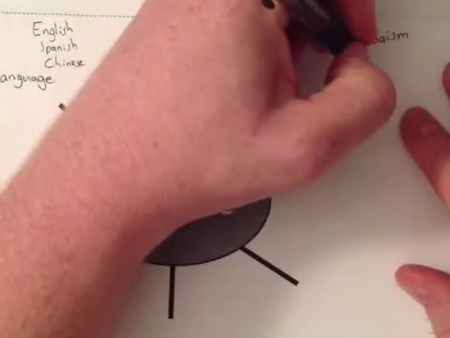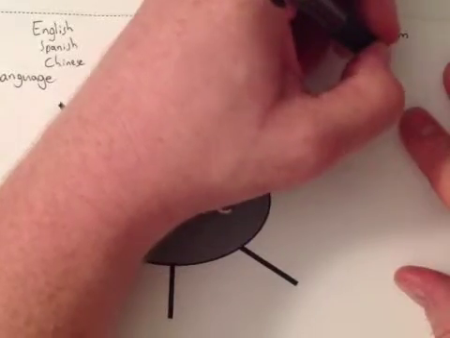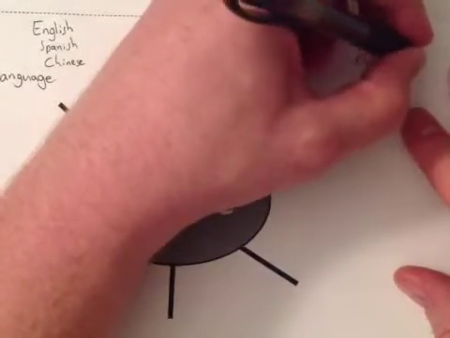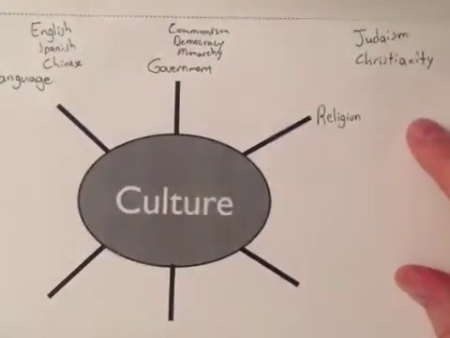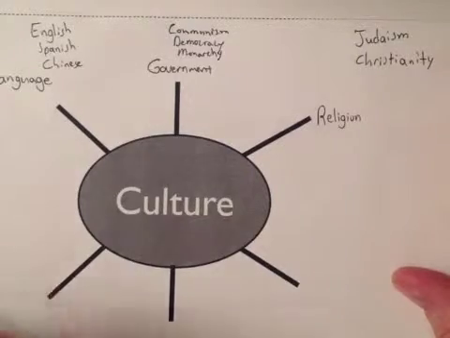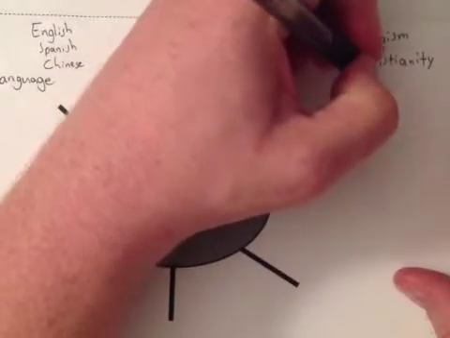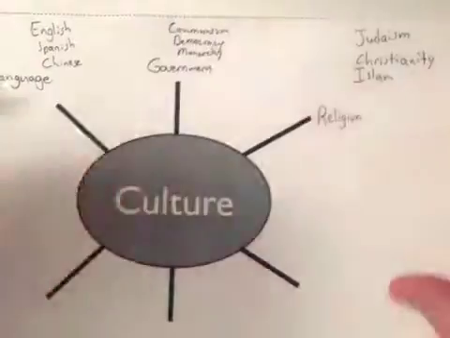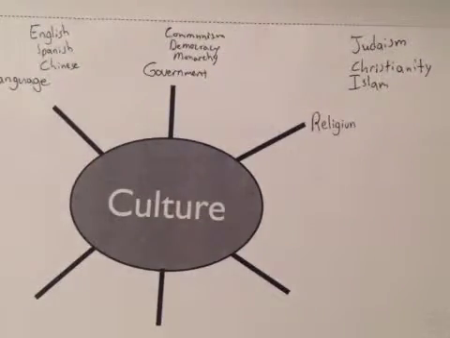Another one that's closely related to it is Christianity, and that is one of the most popular religions around the world. We're also going to have Islam. We have a lot of people that have bad opinions of Islam because of terrorism, and so we want to make sure that we are respectful because not all people are that way.